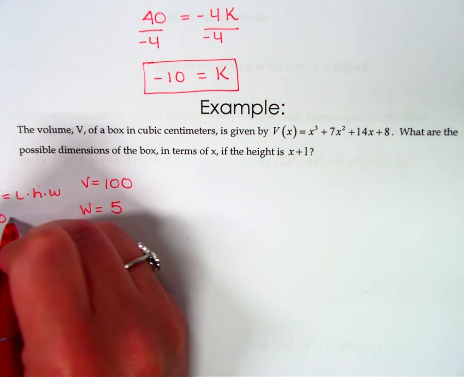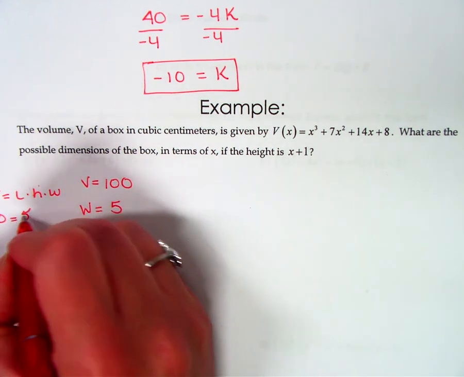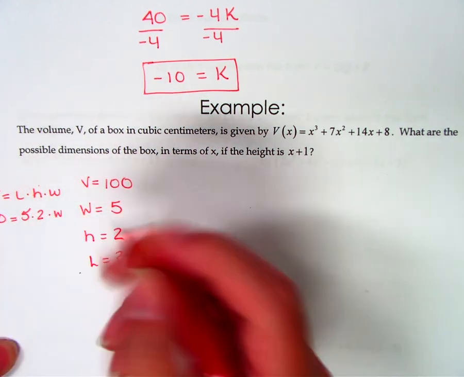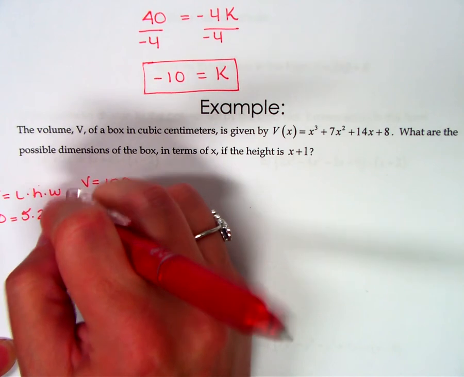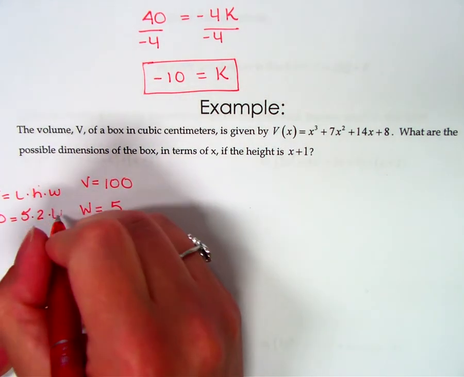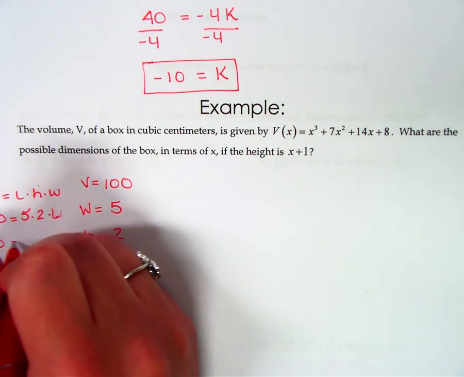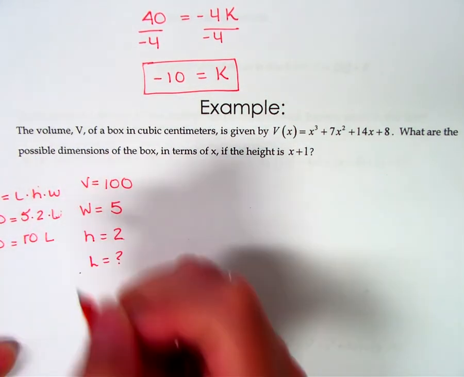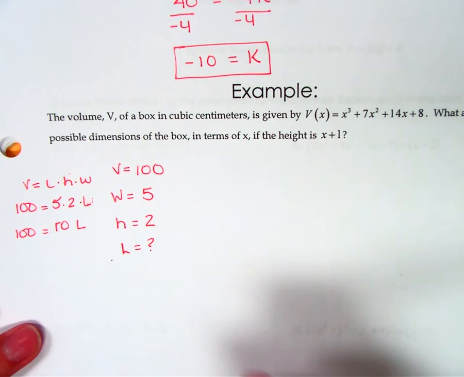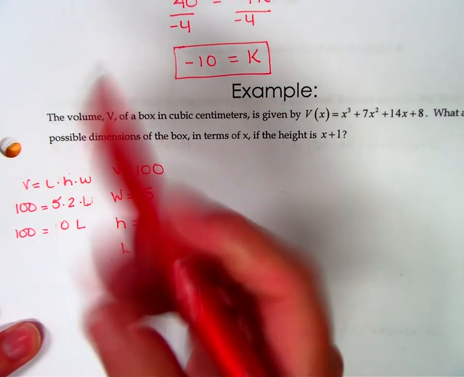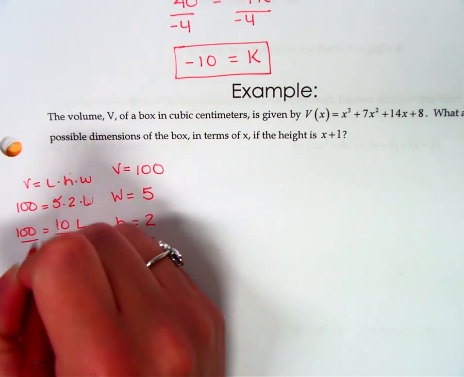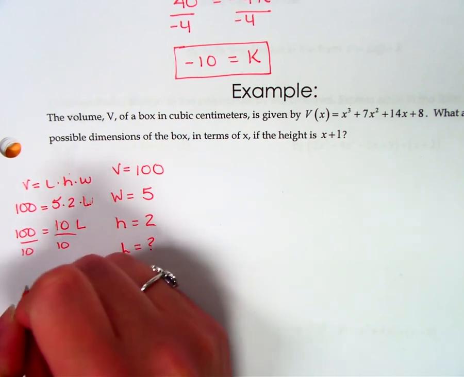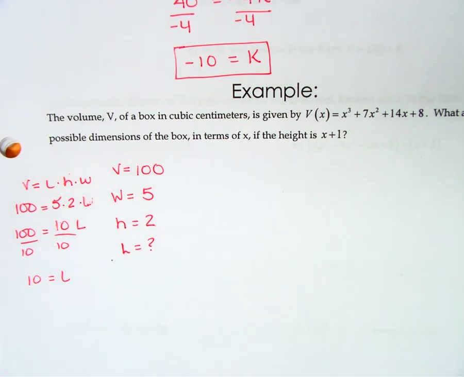So we have 100 equals 5 times 2 times L. So we're going to have 100 equals 10L. That's a 10, not an R. And we would divide out the 10, and L equals 10. So we know how to do it with numbers. You're going to do the exact same things, but this time we are going to have polynomials in there.